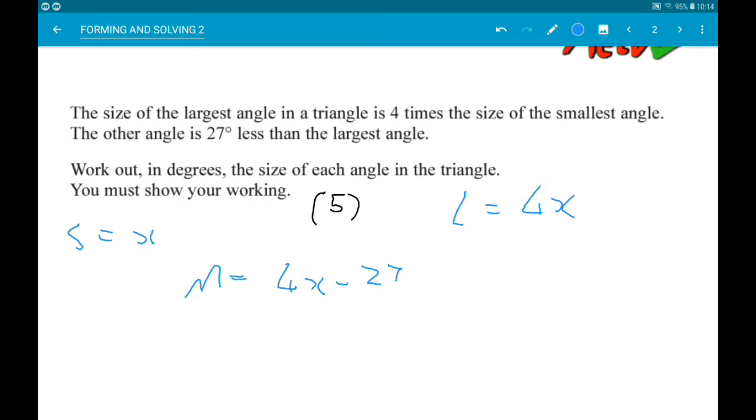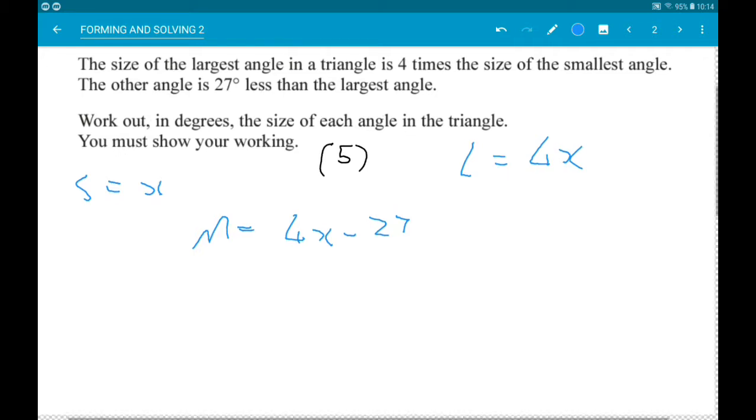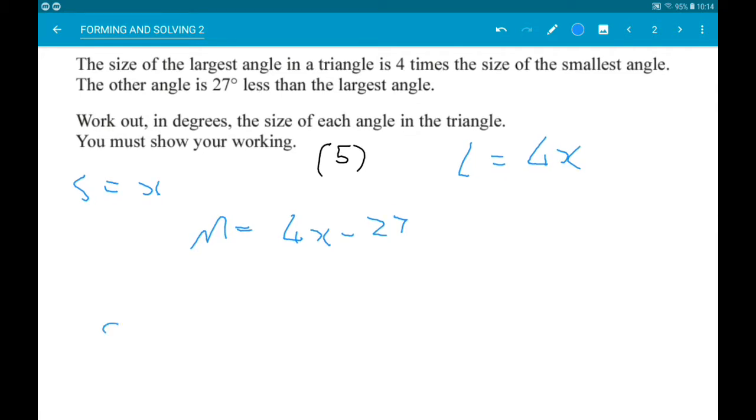So, if we add all of these together, we have 9x minus 27 must be equal to 180. So now that is our equation. We can now solve it to find x.